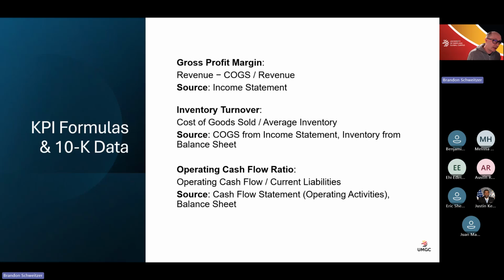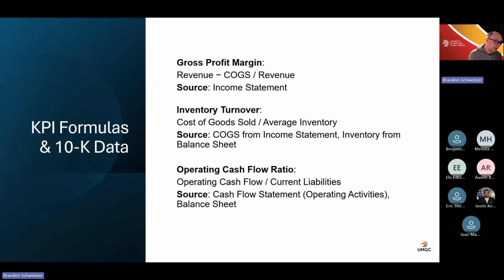The second calculation you should make is called the inventory turnover ratio. And we find this by taking the cost of goods sold, or cost of sales, and dividing by average inventory. Now, here's the thing. Your cost of goods sold is going to be from your income statement, and your inventory is going to be from your balance sheet. When we talk about the word average in accounting, we're referring to the beginning balance plus the ending balance divided by 2.